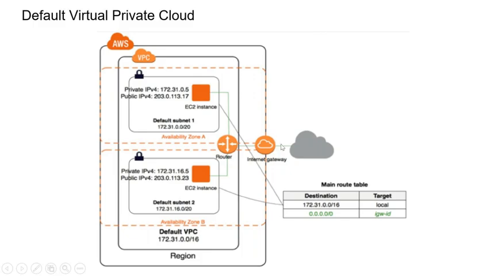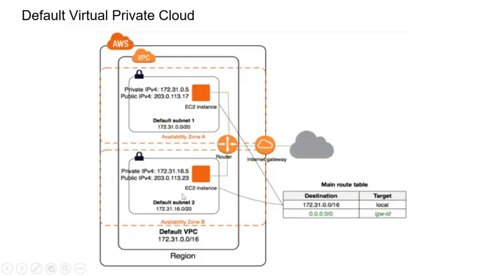The internet gateway also you have to create and add manually. But in the default virtual private cloud, an entry will be added automatically to this main route table. So when the router finds that entry, it will allow the request to the internet gateway, and the internet gateway will allow the EC2 instance to connect to the internet.